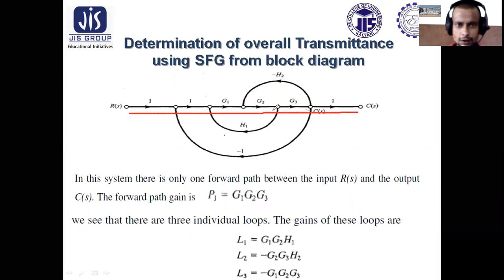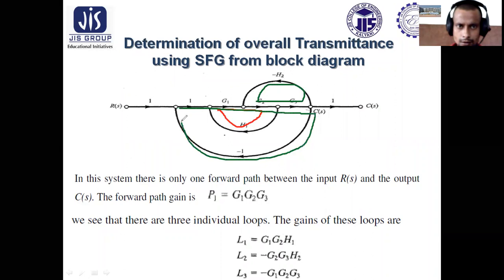So G1, G2, G3 is one forward path. Now, what are the loops? This one is one loop. This one is one loop. This one is the third loop. So there are three loops.